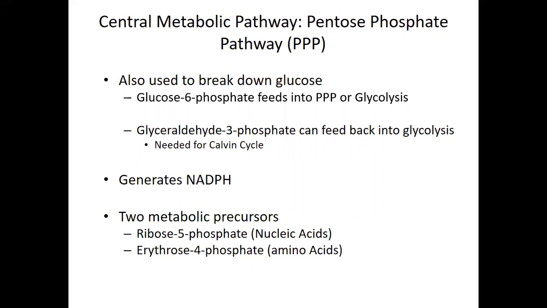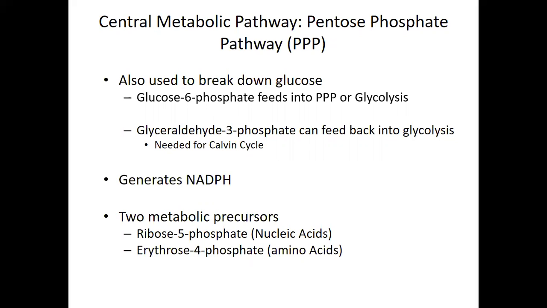Does anyone remember from last week what would drive this decision? How would I choose which pathway to go down? It's dependent on what? What you have or what you need.